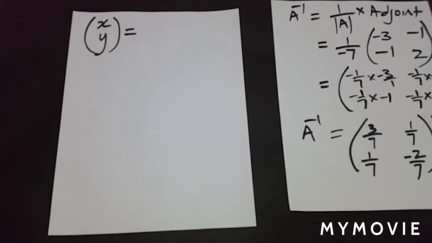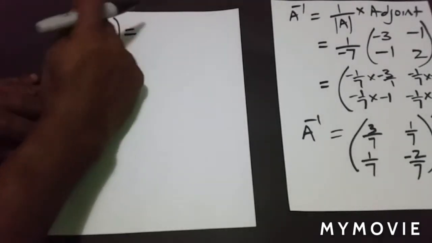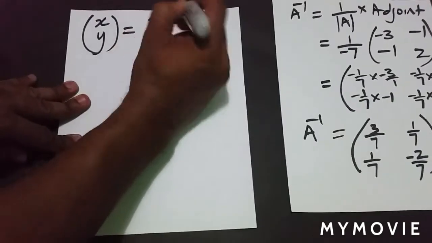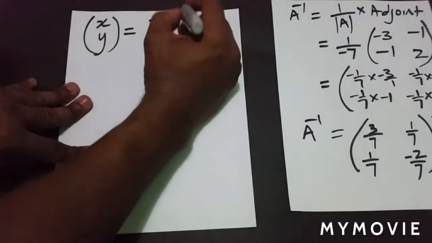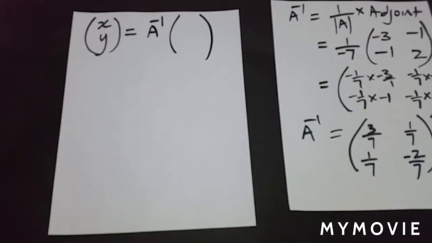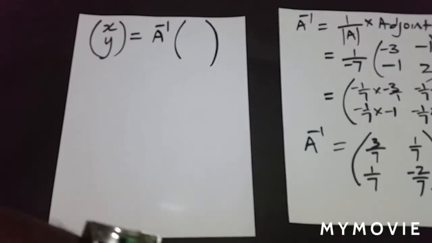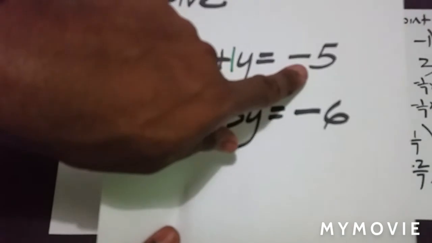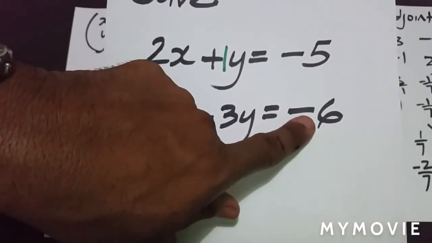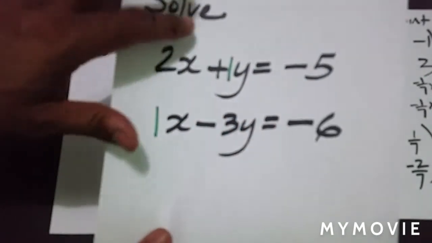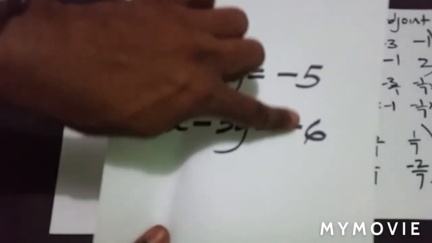So quickly, x, y, or x at the top and y at the bottom, is going to be equal to the inverse of a, which we found already, times what now? Times the two numbers that are on the right hand side, which in this case is -5 and -6, which is why it's important again to make sure that both equations are lined up nicely, x's, y's, and only numbers on the right hand side.